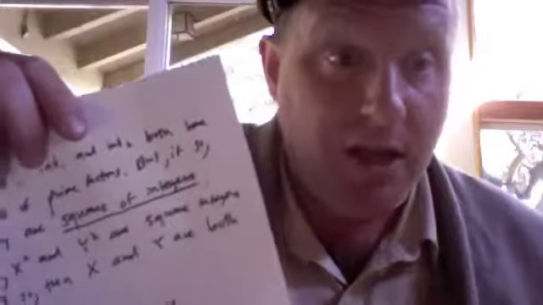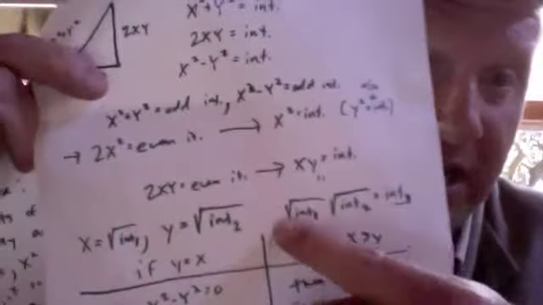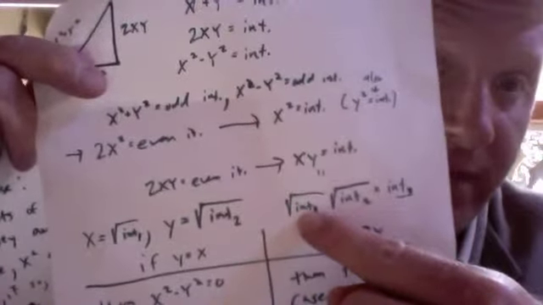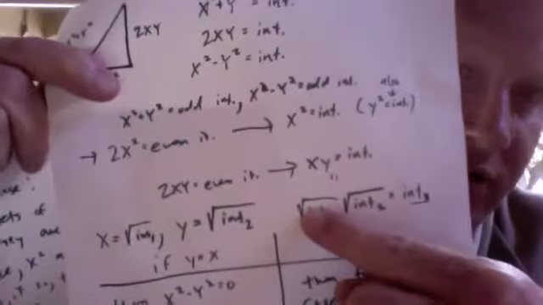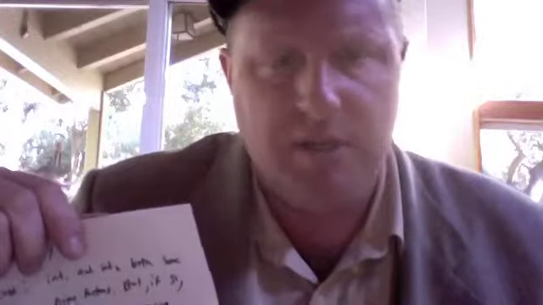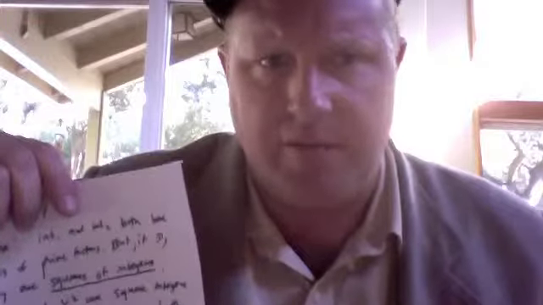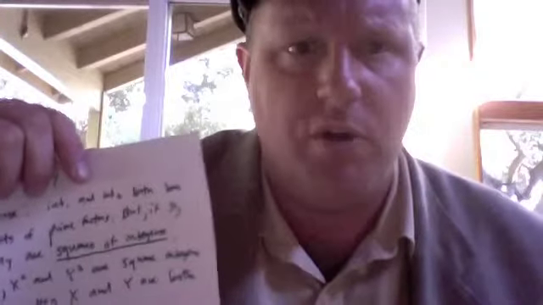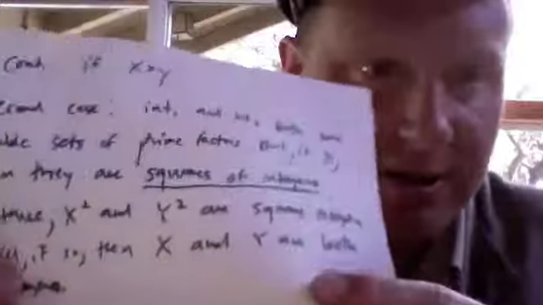But guess what? If these have double sets of prime factors, then in fact, they are square roots of squares. Because 3 times 3 times 7 times 7 is a square number. 2 times 2 times 3 times 3, that's a square number. So the square root of a square number is an integer.